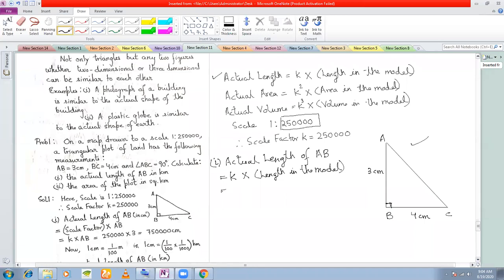The scale factor k here is 2,50,000 into the length in the model of AB, 3. So we get 7,50,000. And what was the unit here? AB is equal to 3 centimeter, so this length we'll get in centimeter.